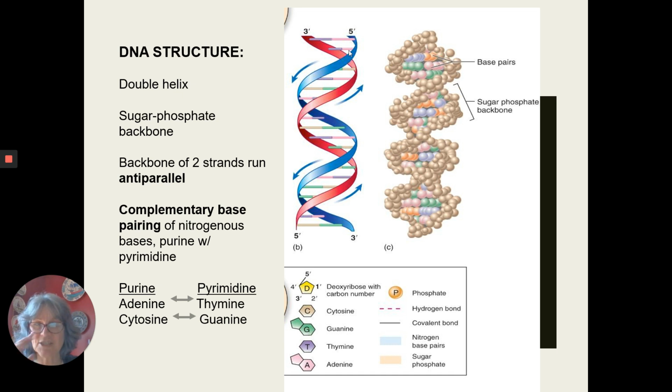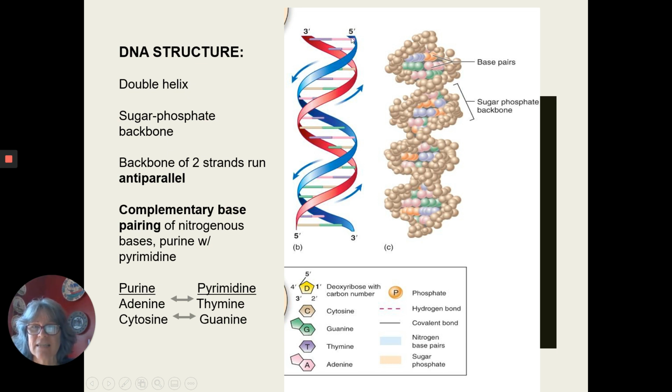So a really good analogy that a student in a previous class came up with for anti-parallel is that this would be like a 2-lane road. They're similar, but in one, the cars, or our sugars, face one way, and in the other, they go the other way, anti-parallel.